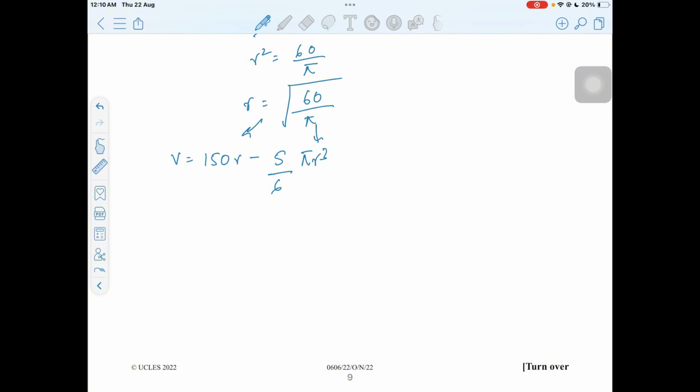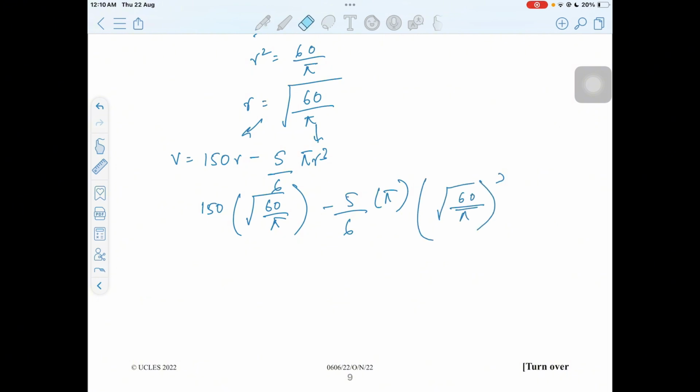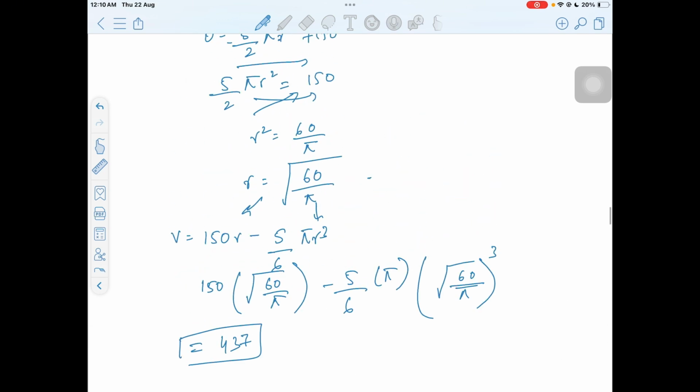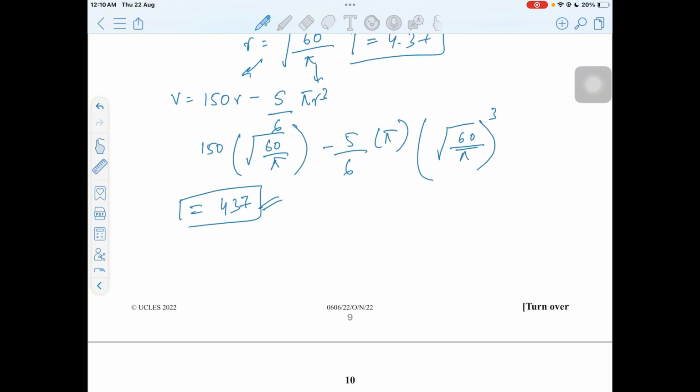This r will be substituted over here, so this would be 150 root 60 over pi minus 5 over 6 pi times 60 over pi, and then this will be cubed. We'll be using the calculator over here, and here we'll get our answer as 437. You can calculate the value of r over here as well, so this would be 4.37, and we get our answer as 437 over here, right?